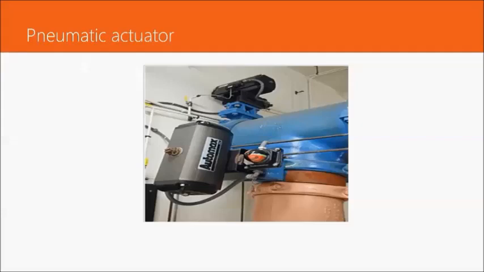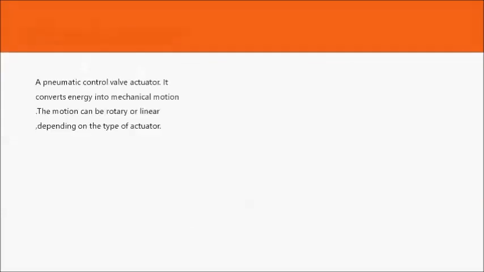Now we discuss the pneumatic actuator. A pneumatic control valve actuator converts energy into mechanical motion. The motion can be rotary, which means rotation like a motor, or linear for push or forward, depending on the type of actuator.